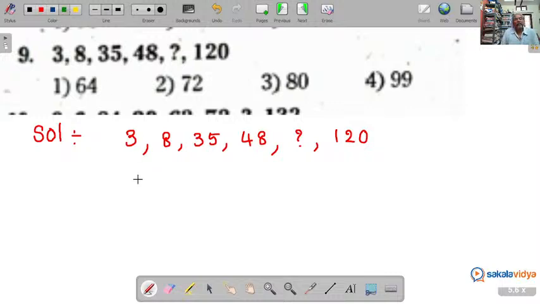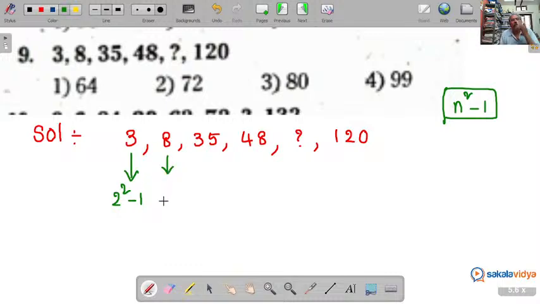So based on squares, it follows the pattern n square minus 1. This pattern is called formula, that is n square minus 1. So 2 square is 4, 4 minus 1. This is 3 square minus 1. Next one is 6 square minus 1.